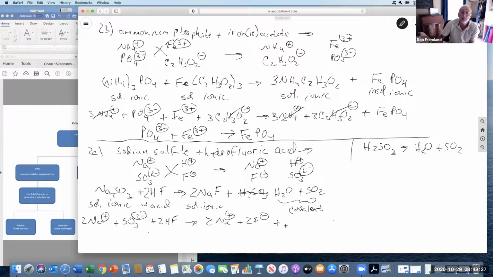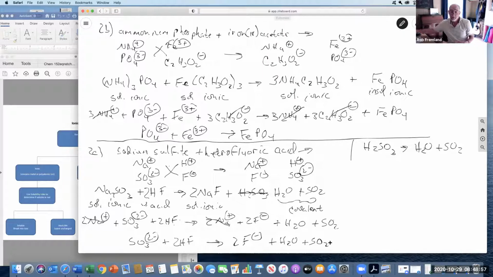And then H2O and SO2. Covalent, we leave alone. And then we're going to cross out the spectators. In this case, the only spectator is the sodium. And so our net ionic equation is a sulfite ion plus 2 hydrofluoric acids will give us 2 fluoride ions, water, and sulfur dioxide. All right, so there's your ionic equation.